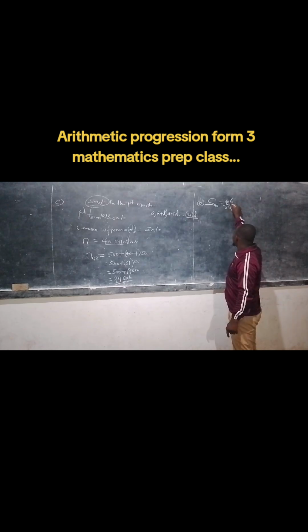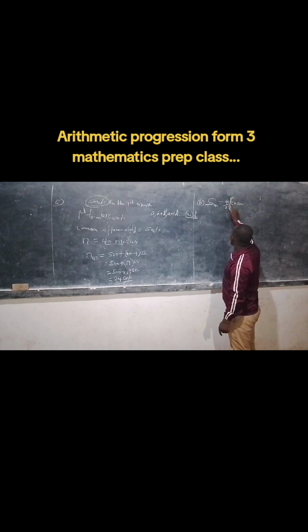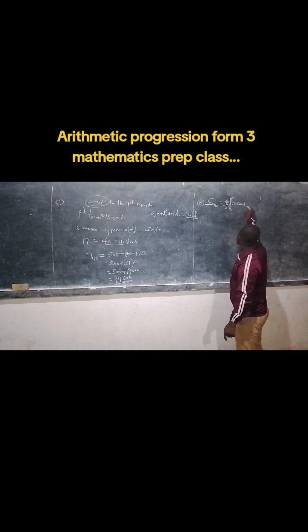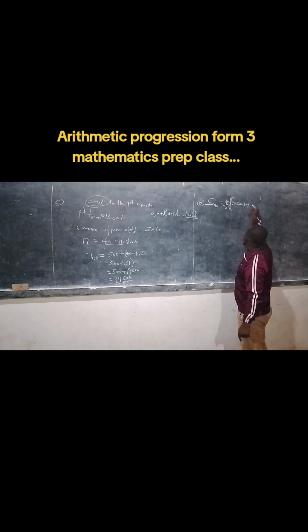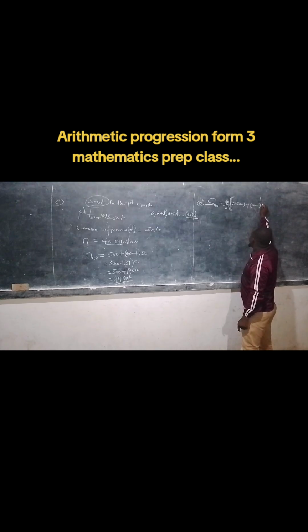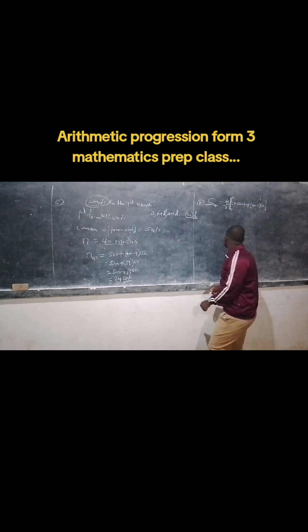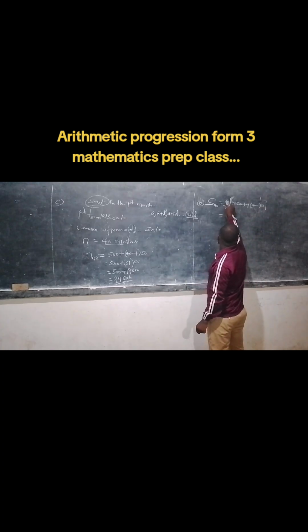Then we have 2 times the first term, which is 500, plus the number of terms minus 1, which is 40 minus 1, multiplied by 50. Now let's get that. This is 20.